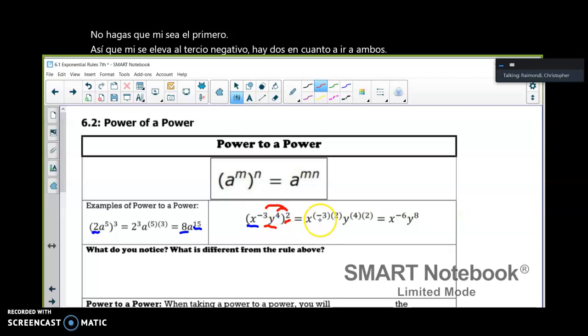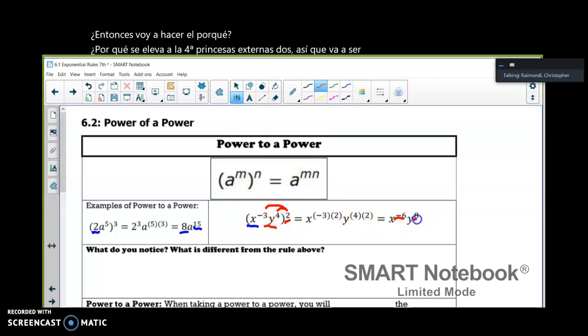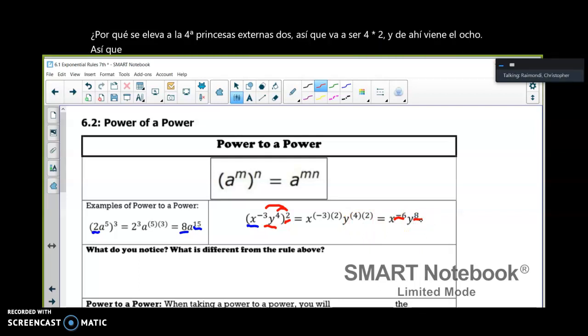So I'm going to do the negative 3 times 2, which will give me negative 6. That's where the negative 6 came from. Then I'm going to do the y. Y is raised to the fourth. Outside parentheses is 2, so it's going to be 4 times 2, and that's where the 8 comes from. So you will multiply the exponents.